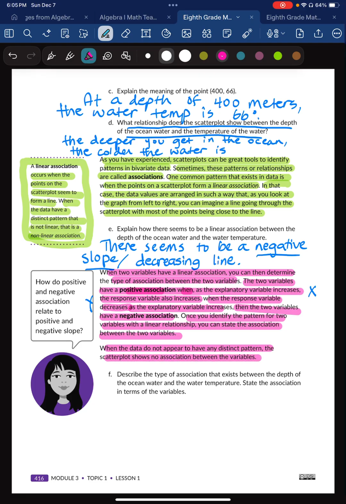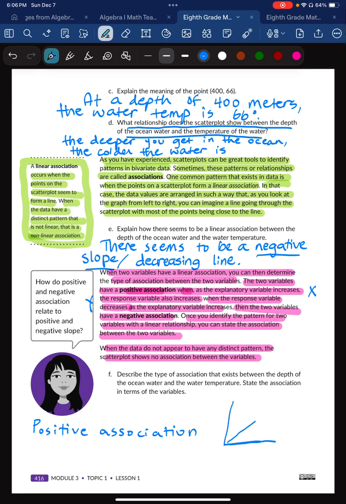So we've got three vocabulary words. We've got positive association, and it's going to look like this, just like our normal line going up. Negative association, and that would look like a negative slope.